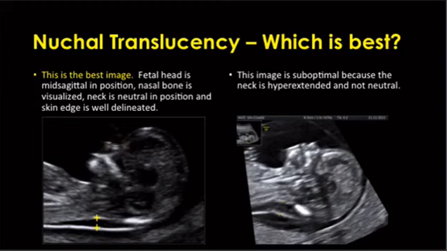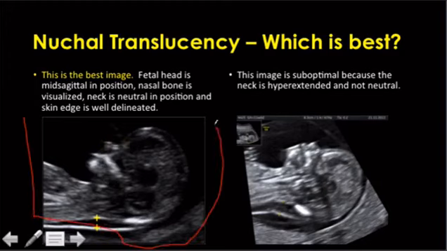This is the one we're going to use, and the reason is that you want the kid to be totally in profile. How do you know he's in profile? You can see his nasal bone. The other thing you want is for the kid's neck to be in a neutral position.